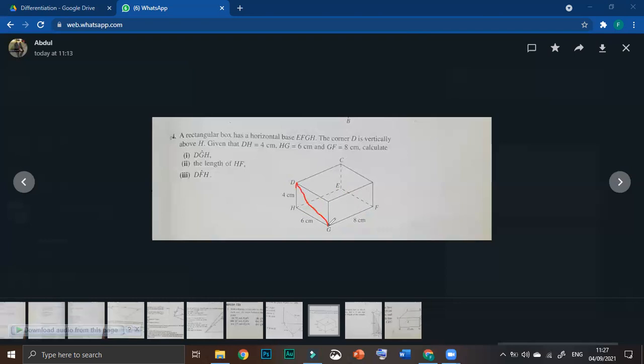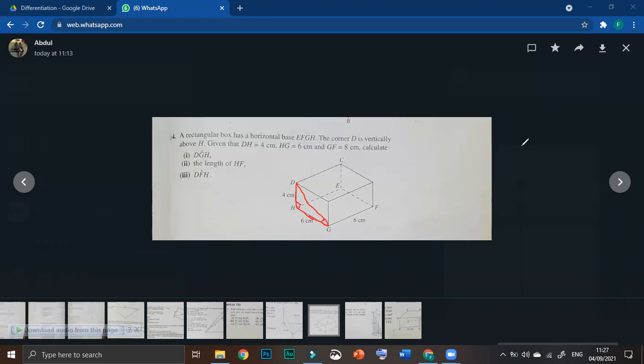We want to find out this angle in this triangle DGH. Now, in the triangle DGH, which angle is 90 degree in practical situation? H. H is 90 degree. Good. This angle is 90 degree.